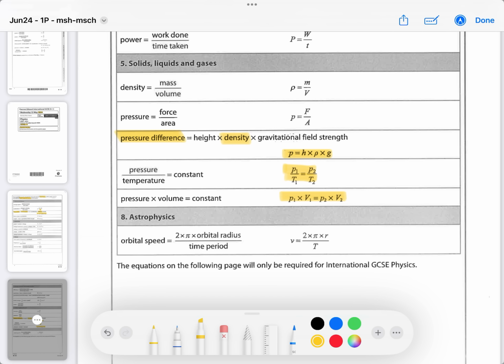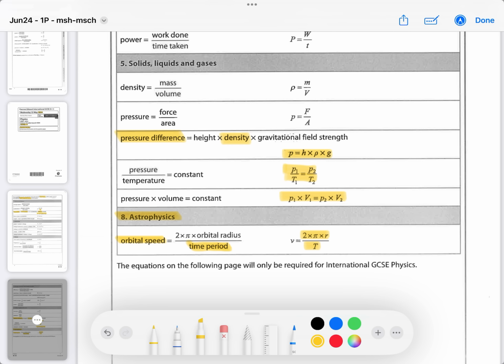And then the only equation after that comes right at the end in astrophysics, where you can work out orbital speed, because if it's orbiting, the time period is how long it takes to do one orbit, that's capital T, and the distance traveled is the circumference of a circle. We're assuming the orbits are circular. So these are the only equations you need for paper 1.